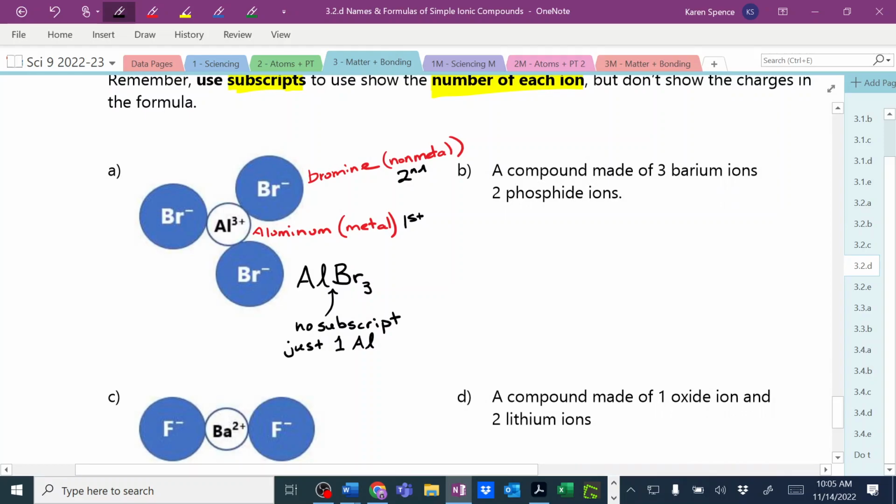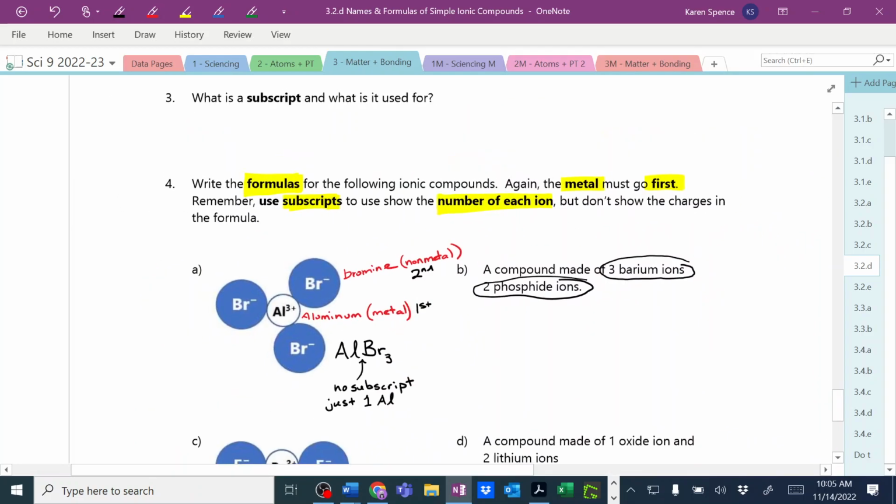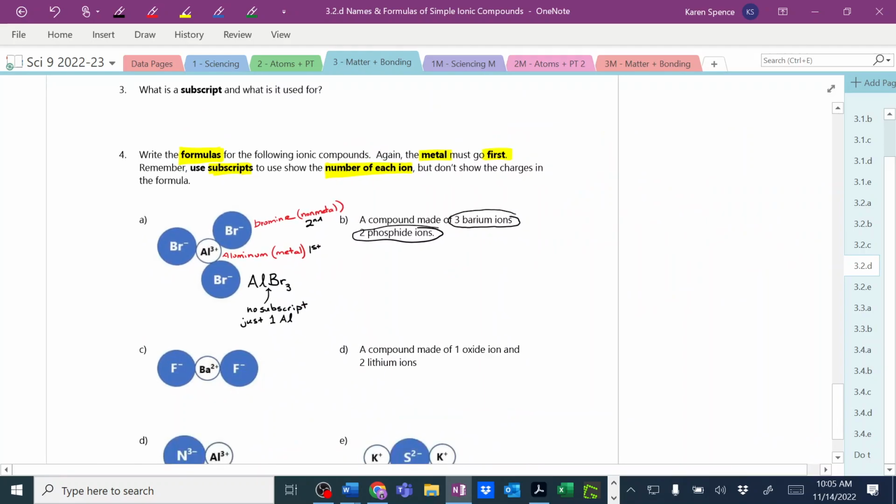Sometimes you'll be given a picture, sometimes you'll be told the number of ions. Just make sure it's always the metal first and the non-metal second. Okay, so take a little bit and work on this page here.